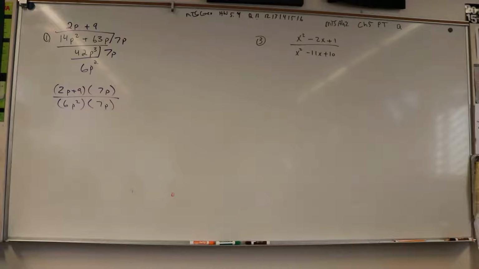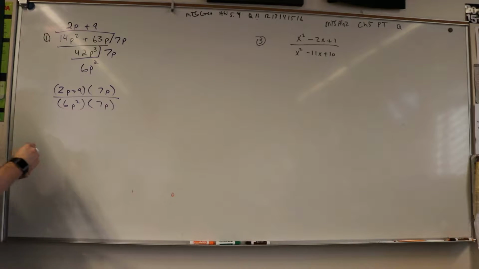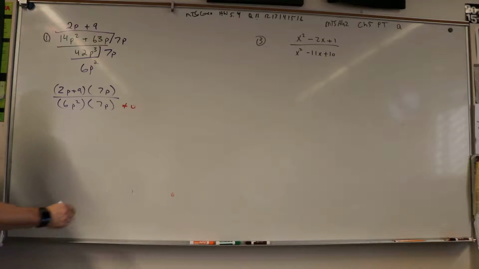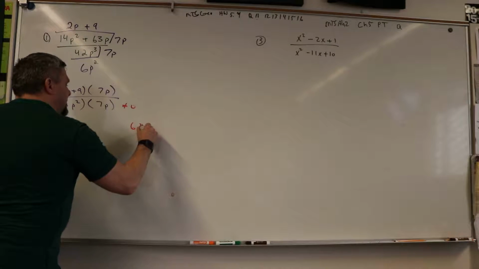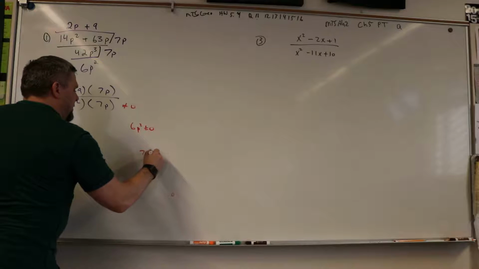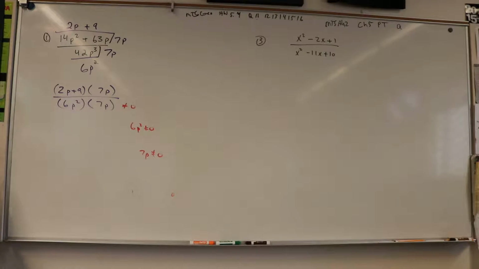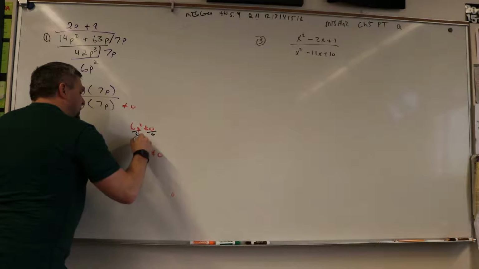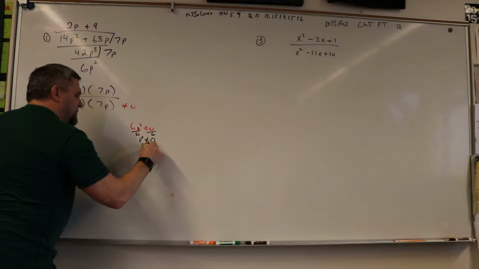Now I need to set the bottom not equal to 0. That means that 6p squared cannot equal 0 and 7p cannot equal 0. And if I solve for either of those, p squared cannot equal 0, so p cannot equal 0.